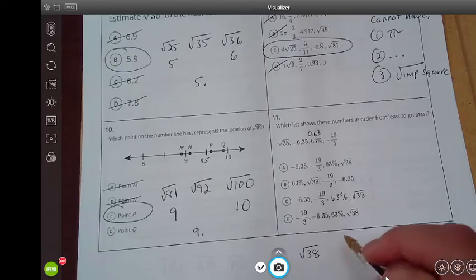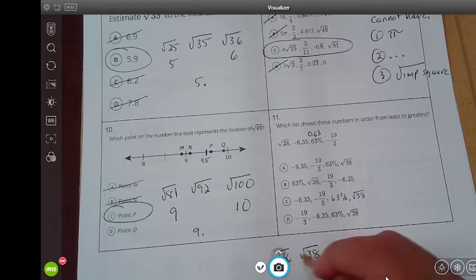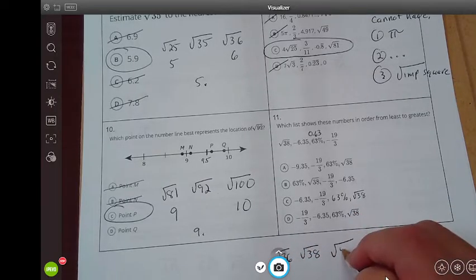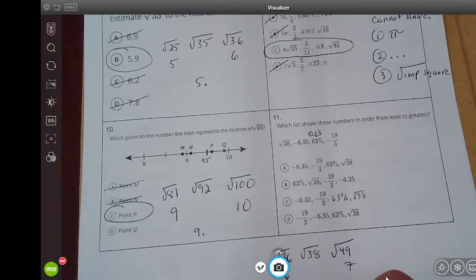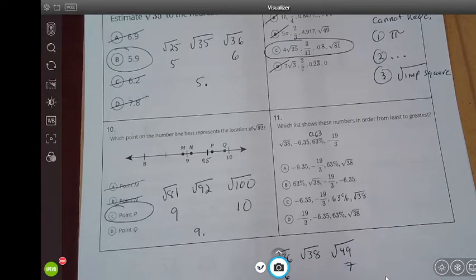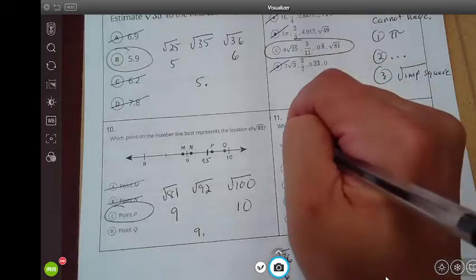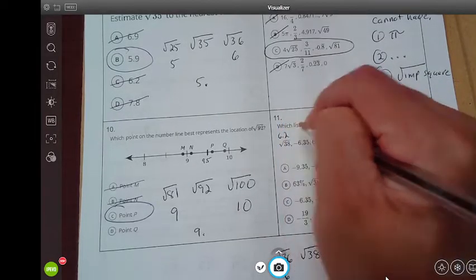The next lowest perfect square is square root of 36. The next highest is square root of 49. So it is between 6 and 7. It's 6 point something. It's closer to the smaller integer, and it's really close. So I would say maybe 6.1 or 6.2. Let's go ahead and estimate this square root of 38 as 6.2.